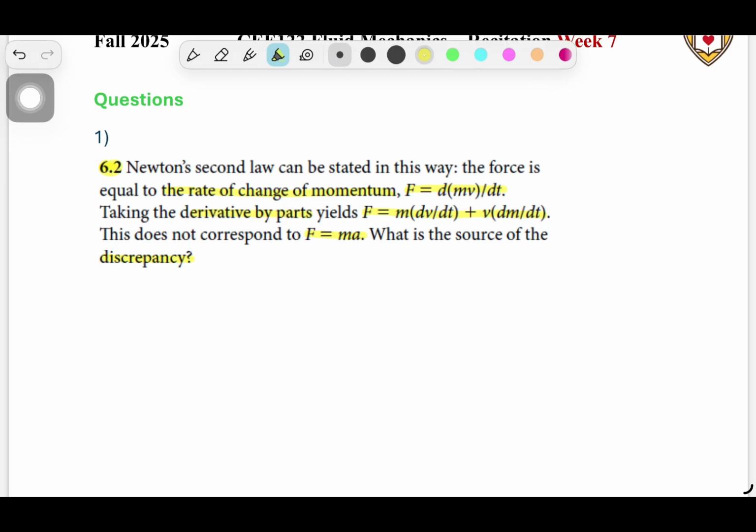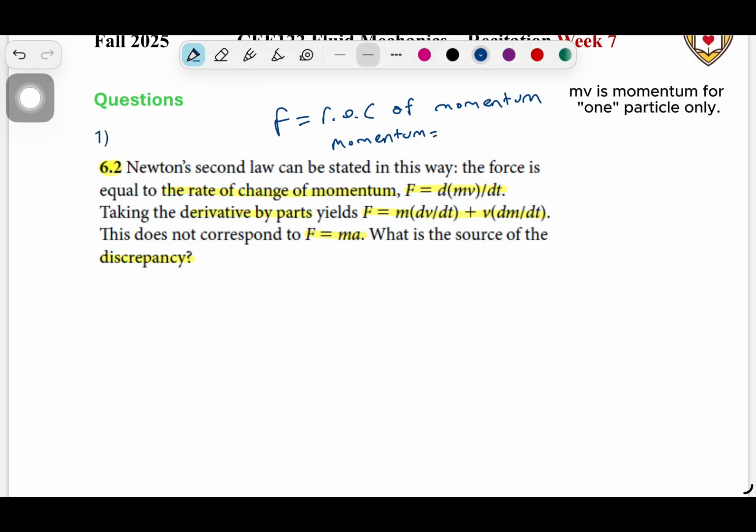So let me first explain these two different terms. First of all, the force is equal to the rate of change of momentum. And when we say momentum, it is actually equal to mv. So this is mass times velocity gives momentum.